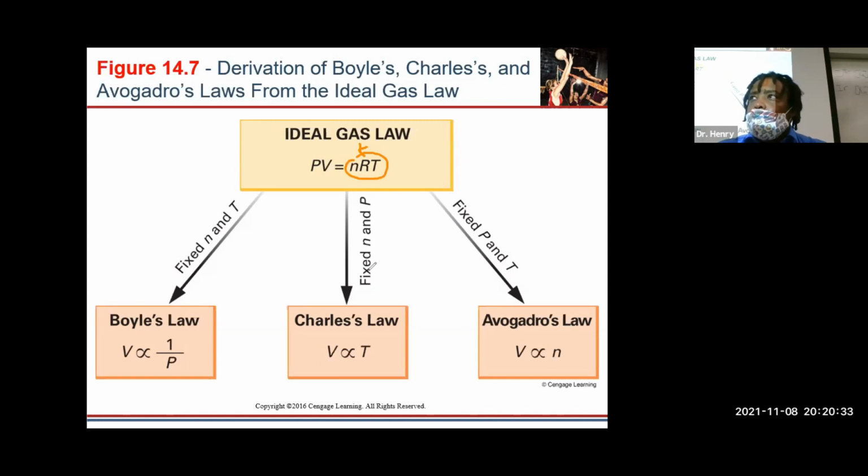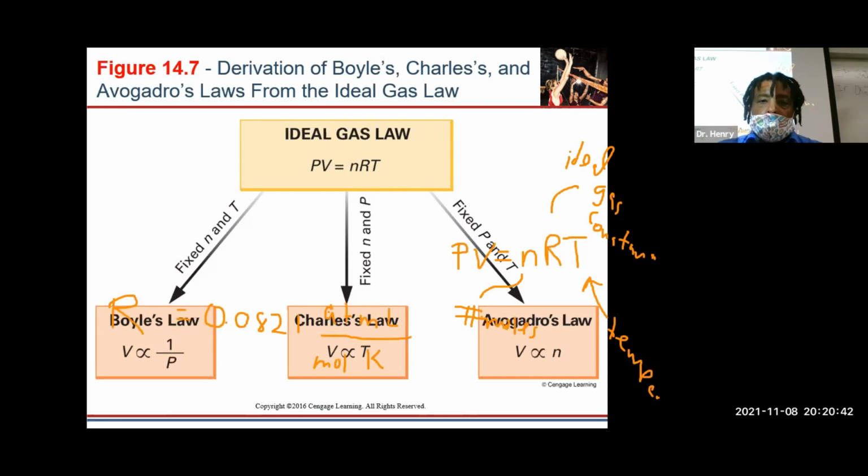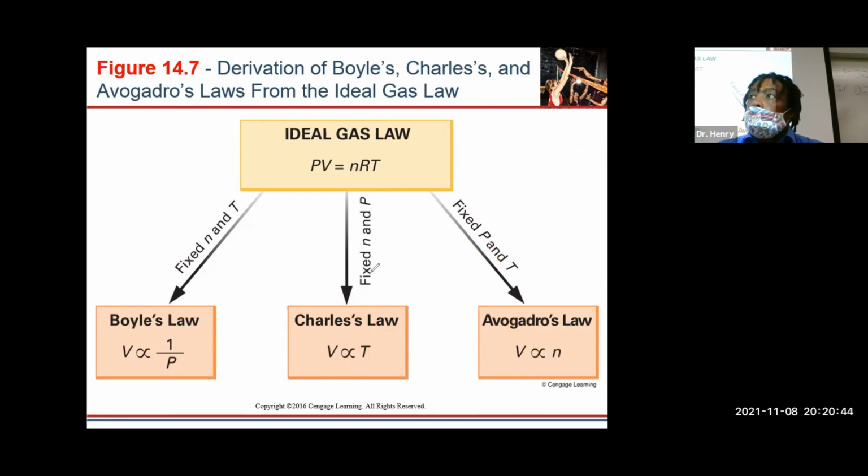If we have a fixed number of moles and pressure, then we have volume being directly proportional to temperature. Then if we have fixed pressure and fixed temperature, then we have volume being directly proportional to the number of moles, Avogadro's law.